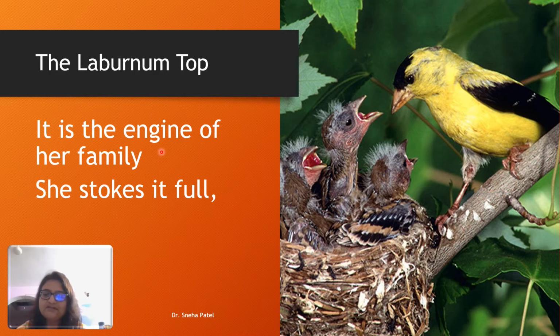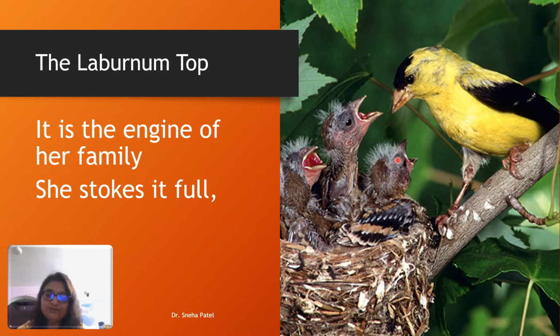Here, goldfinch is compared with an engine. What is the importance of an engine in a machine? Everything. If the engine doesn't work properly, can the machine work? No. Similarly, goldfinch is an engine. It is her responsibility to take care of her family, to feed her family.